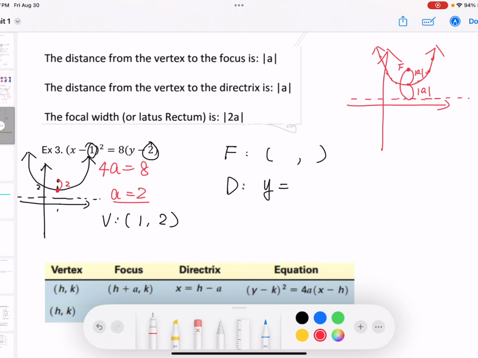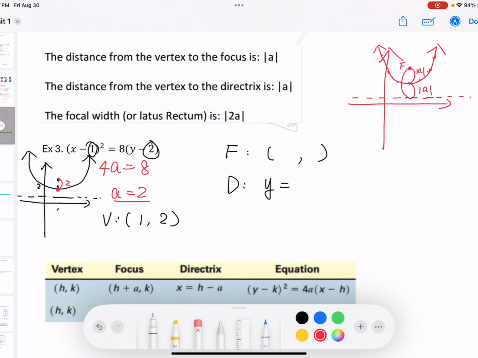Then based on this point, the y value moves up 2 units, or y plus 2. They have the same x value. So I copy 1 in my x position, and then 2 plus 2, because we move up 2 units, is 4.